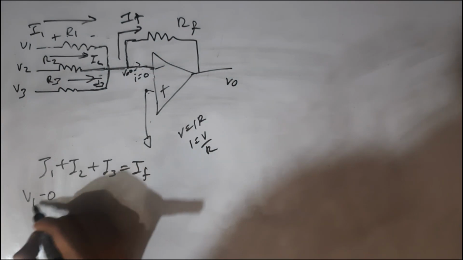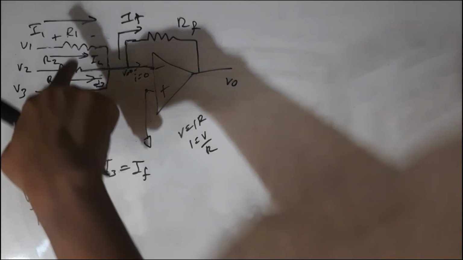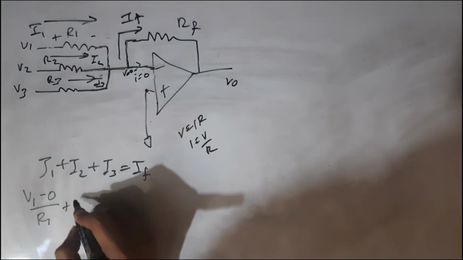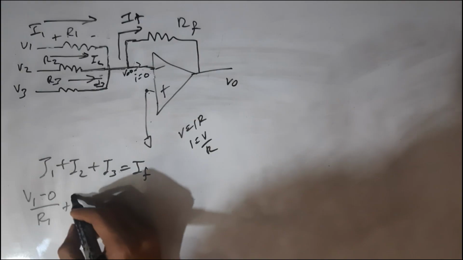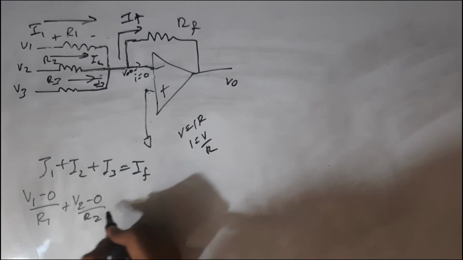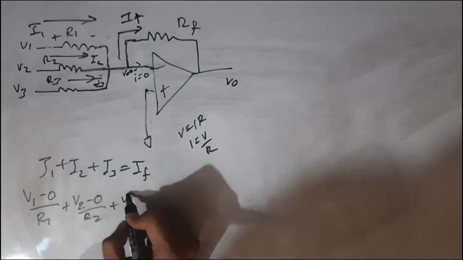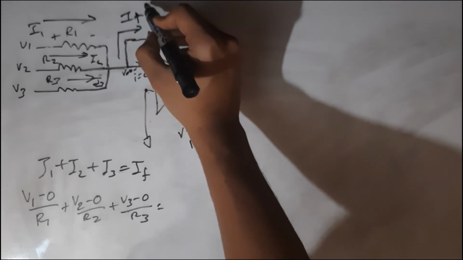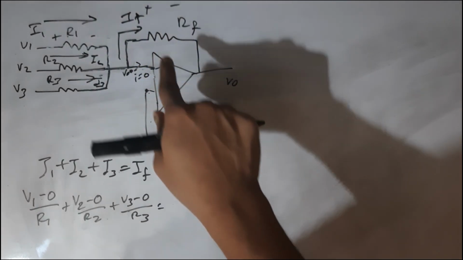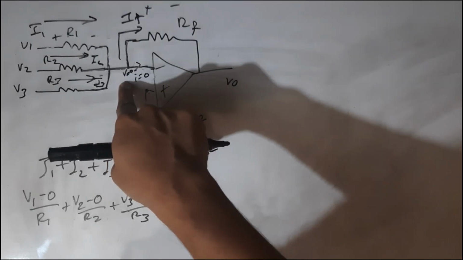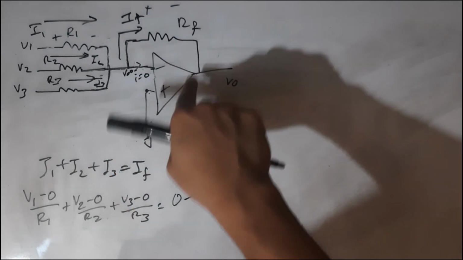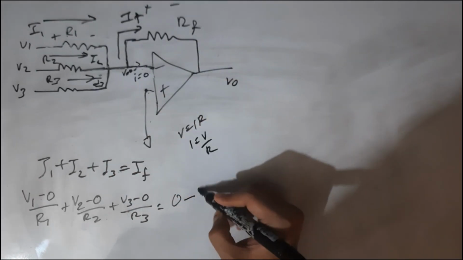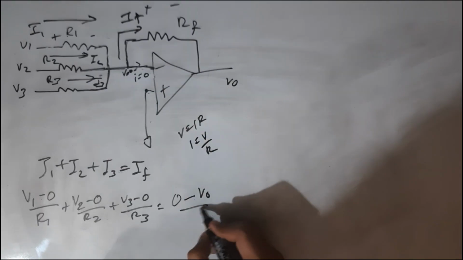Therefore V1 minus 0 divided by the resistance is R1 plus, we repeat the same for each channel. The voltage on the plus side is 0. The voltage on the negative side is V0 divided by RF.